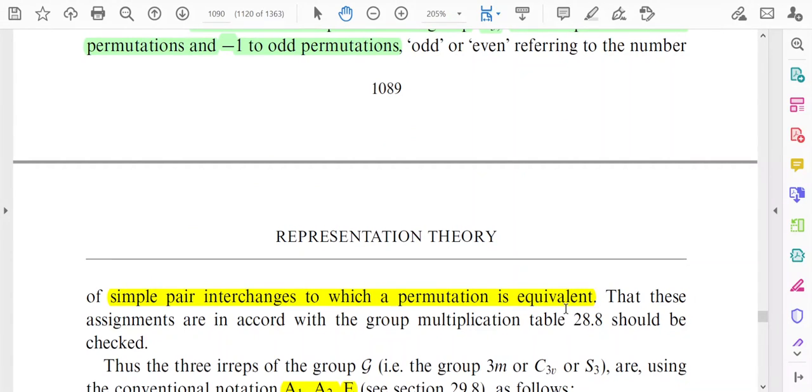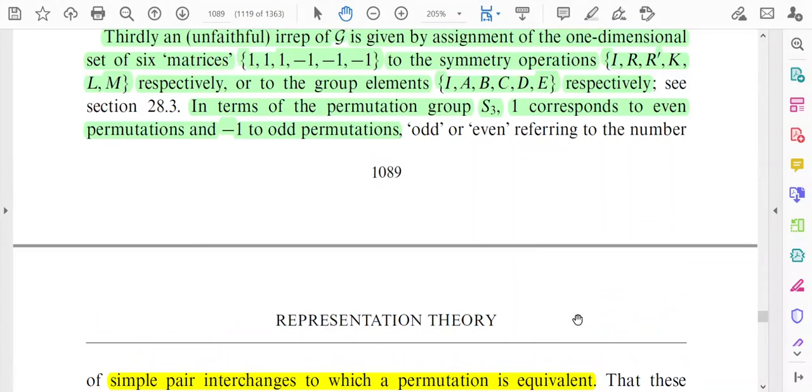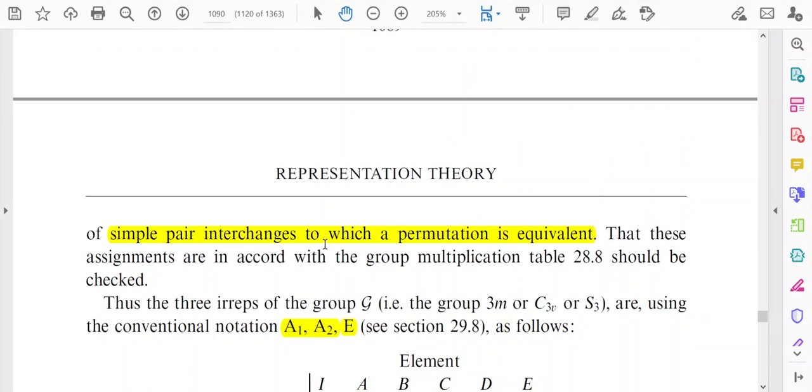That number indicates whether it is odd or even, and depending upon that there will be the sign: 1 corresponds to even permutation and -1 corresponds to odd permutation.